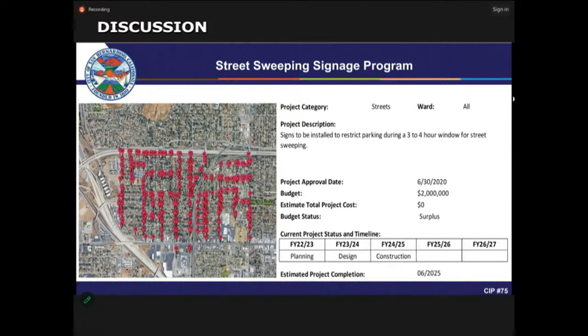That area is east of the 215, south of the 210, west of E, and north of Highland. That's why you see there's a surplus of 2 million, and the explanation behind it is that in the Burtec contract that we have, Burtec is responsible for the installation of the signs.